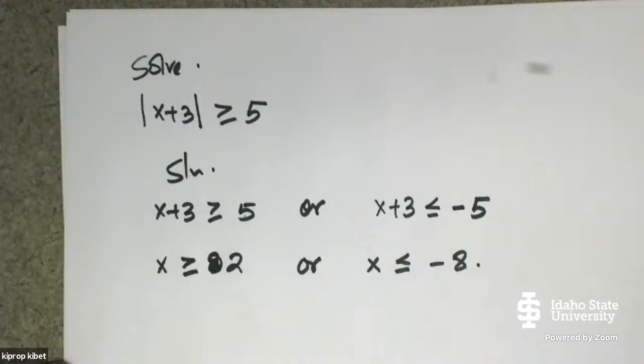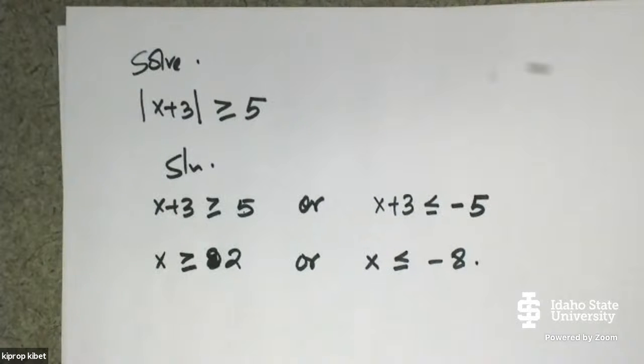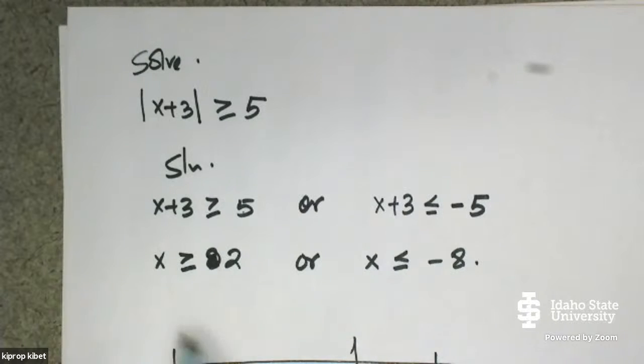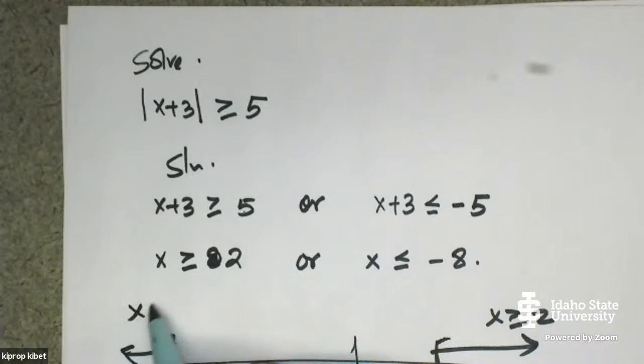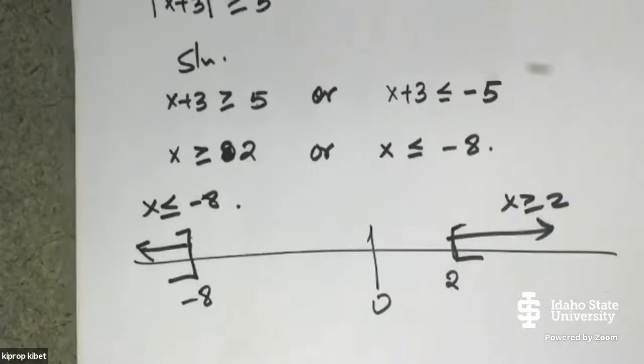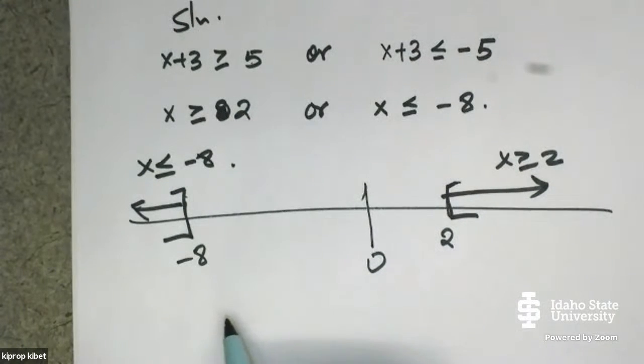So we can draw this one on the number line. 0, we can put here minus 8, and then we can put here 2. x greater than or equal to 2 is going that direction, and x less than or equal to minus 8 is going that direction. And what is our interval notation?